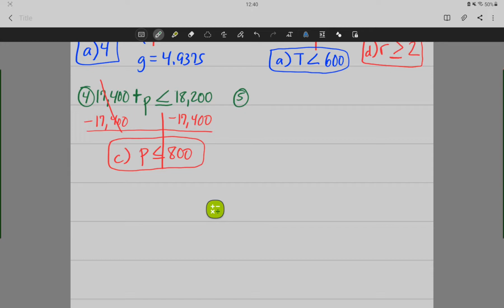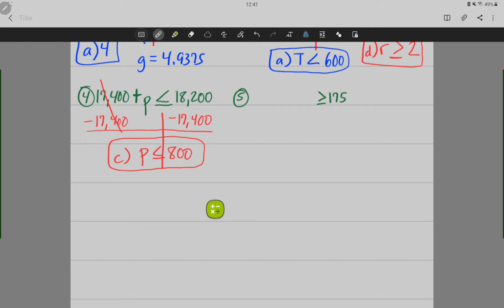And a minimum of $175. This means she has to spend $175 or more, right? Or higher in order to get this discount. So that means greater than or equal to, and the number is 175.